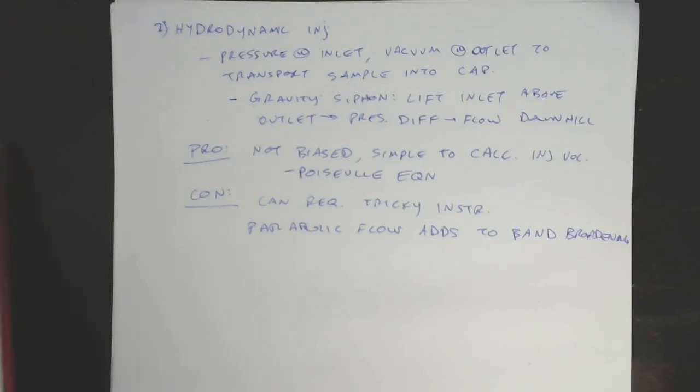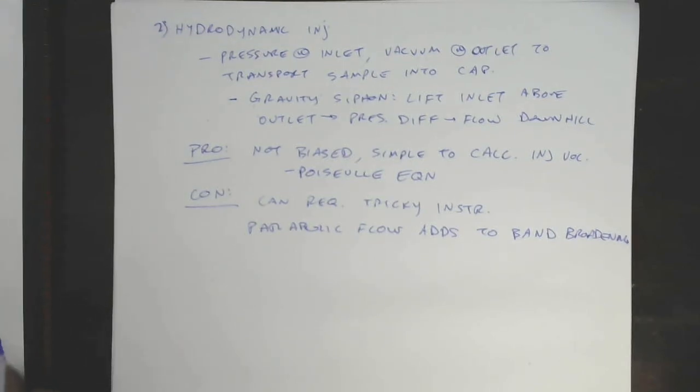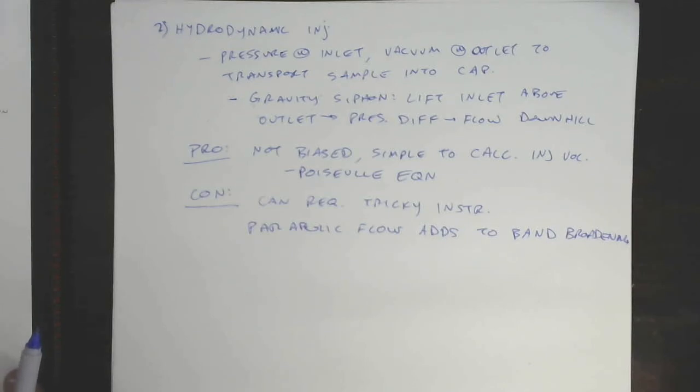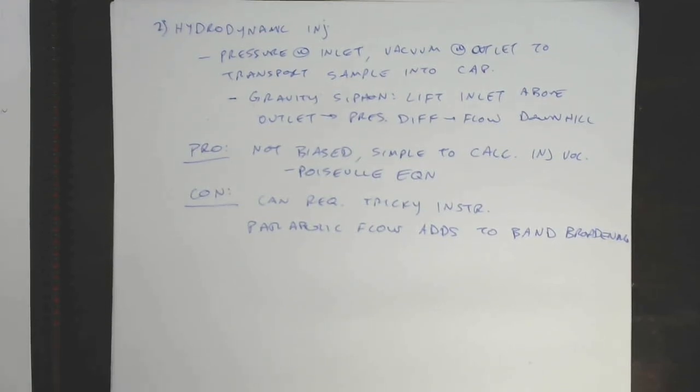But in general, these two methodologies, either going by electrokinetic or hydrodynamic injection, are the ways that we put a little bit of sample, a little plug or a zone of sample into the capillary. And I hope you can see, it's a lot simpler and requires a lot less instrumentation and honestly a lot less forethought than the design of injection schemes for HPLC, where you're trying to keep high pressures and not break high pressures, for example.